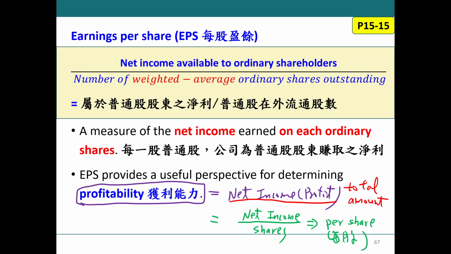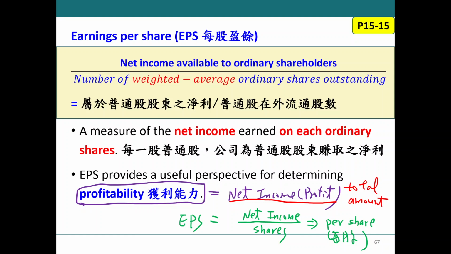So EPS looks at the same thing, but per unit, per share, to find out your company's profitability, and this number is easier to compare with other companies. So that's EPS. Any questions? That's the basic concept, the basic logic.